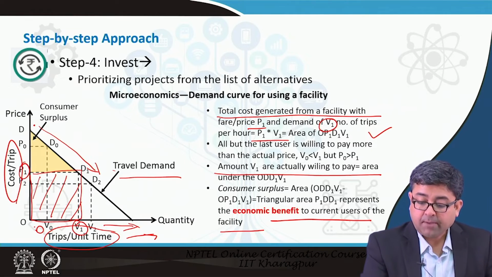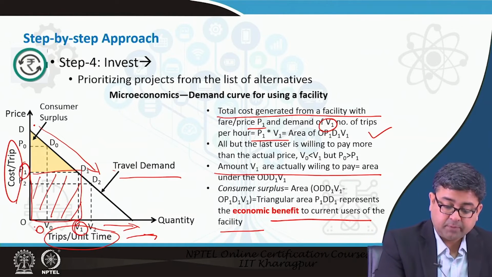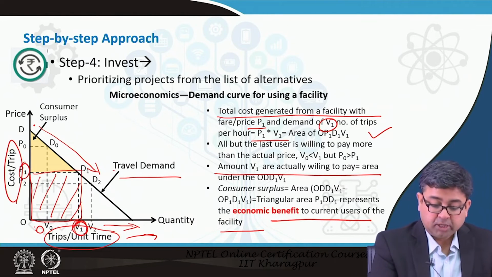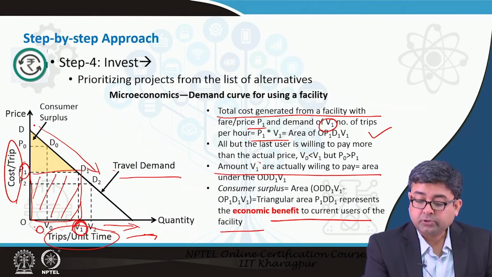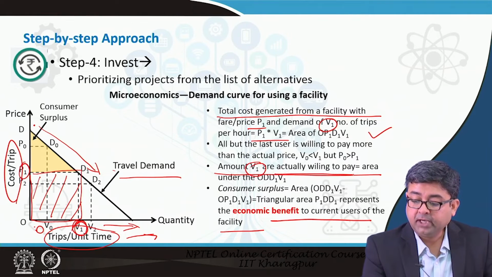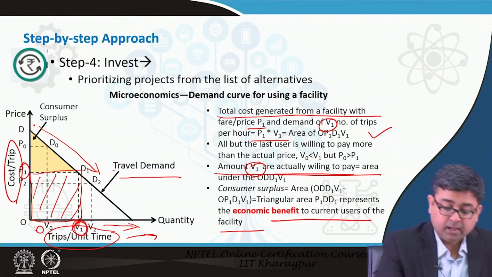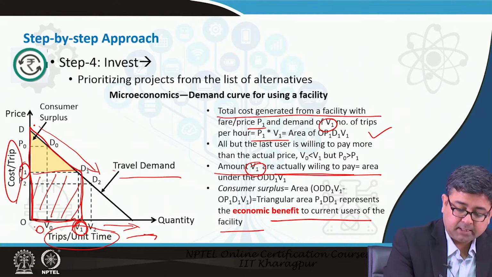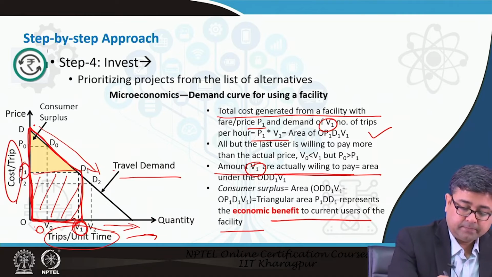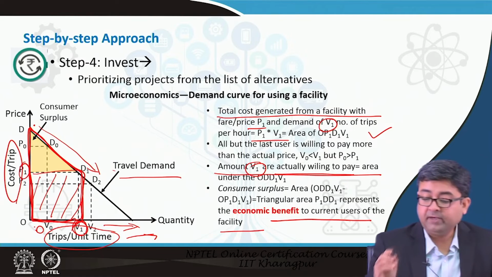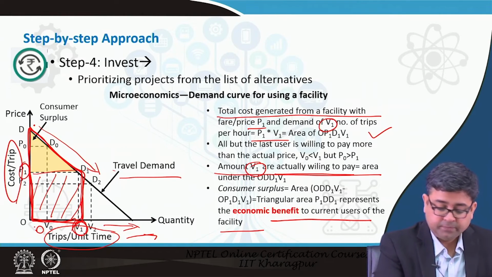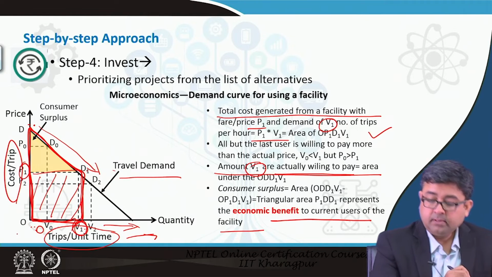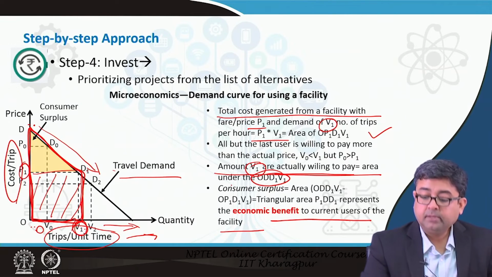So, the V1 people, meaning the number of people making these trips, are willing to pay the area O D D1 V1. This is the area that they are willing to pay.